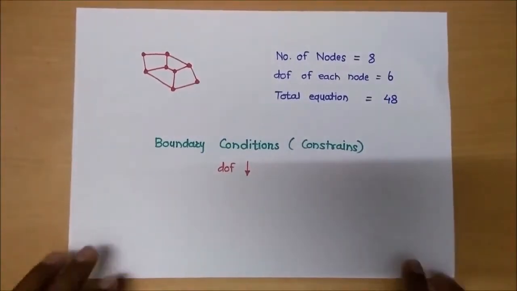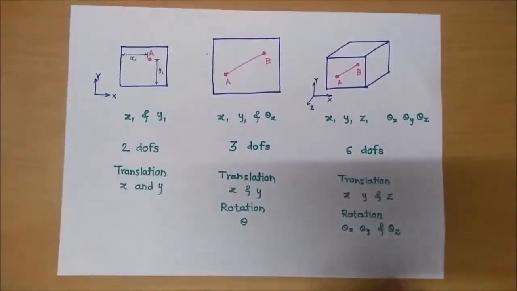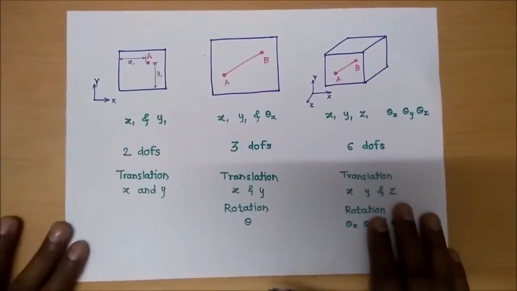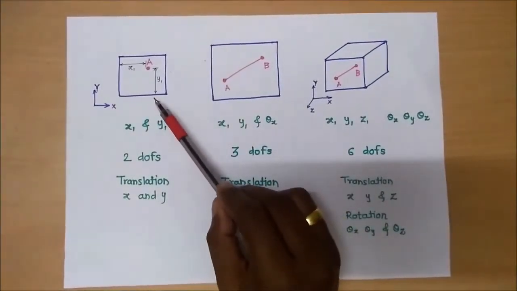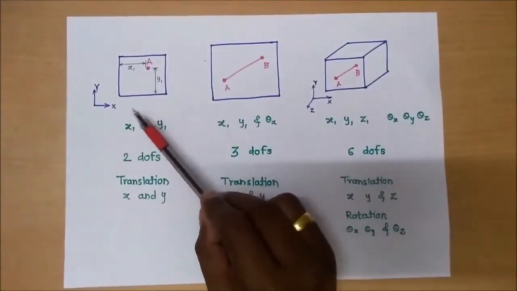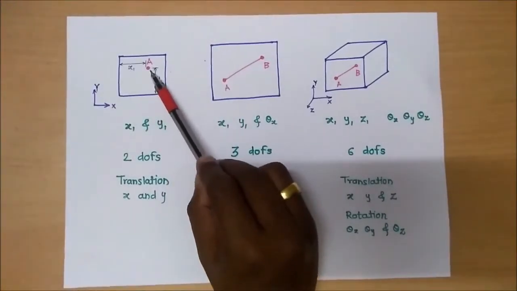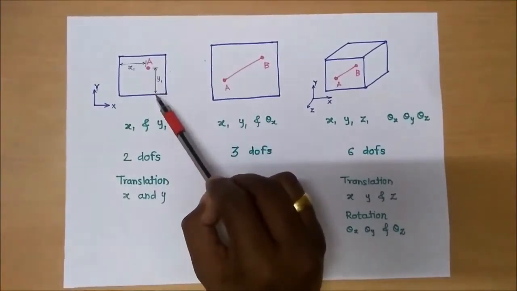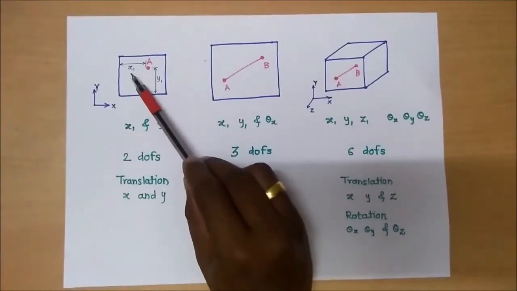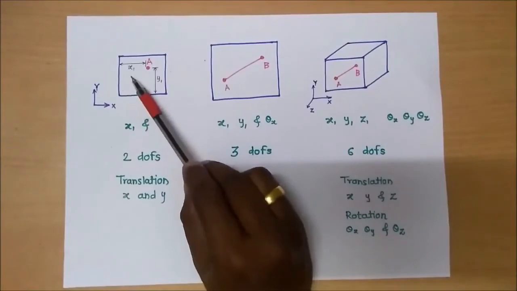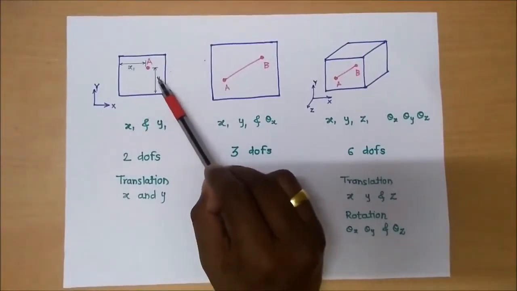Now we will see how to find the degrees of freedom. Let's take one plane, the xy plane. There is one point A which is defined by the coordinates x1 and y1. Here x1 indicates the horizontal distance and y1 indicates the vertical distance.